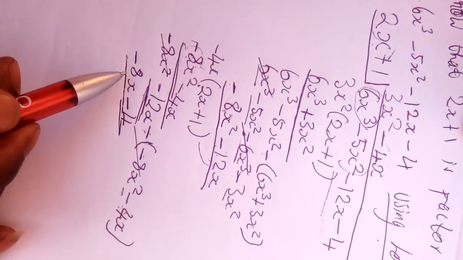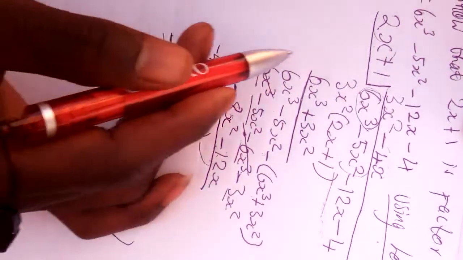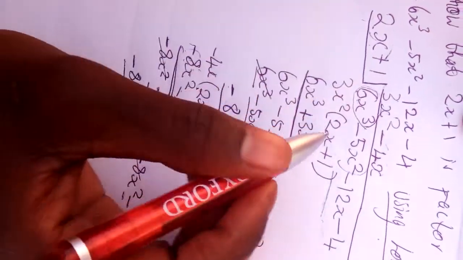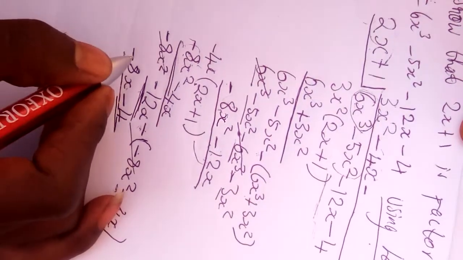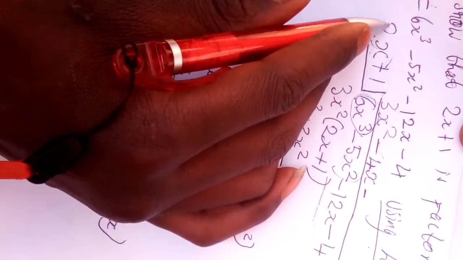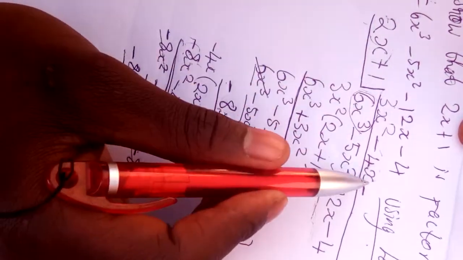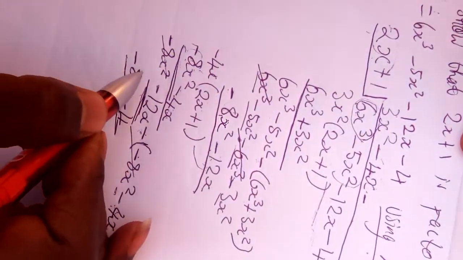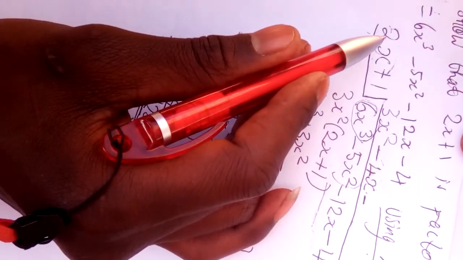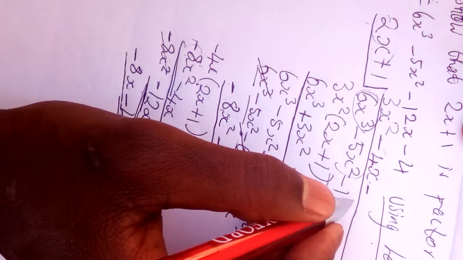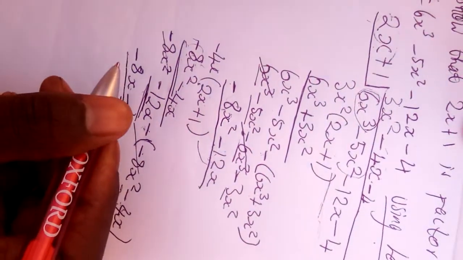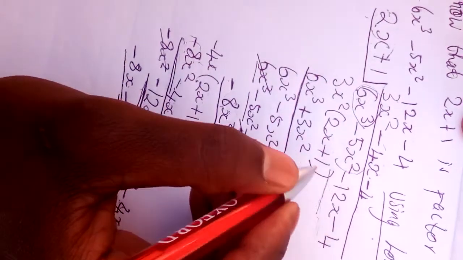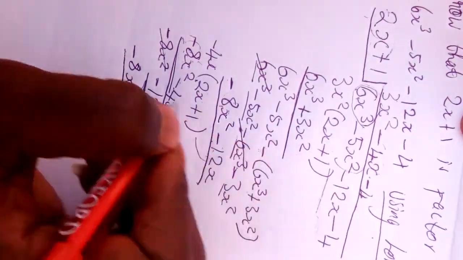So negative 8x divided by 2x is going to be negative, because negative divided by positive is negative. 8 divided by 2 is 4, and x divided by x cancels, so we are left with only negative 4.